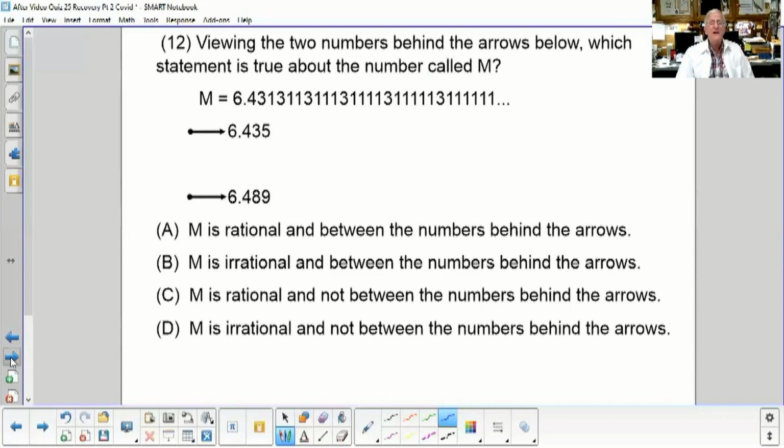So it's definitely an irrational number. Now, is it between those? 6.431? The fourth decimal place is definitely not between the two. So this is an irrational number that is not between the numbers shown behind the arrows, right? So it should have been choice D.